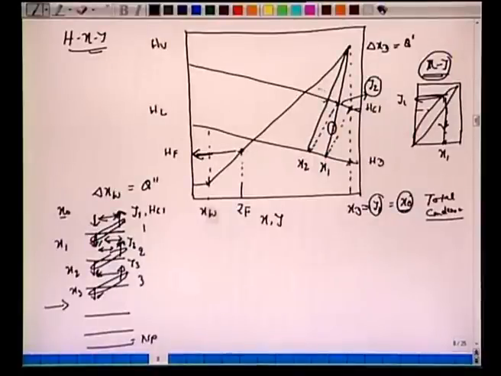to obtain this Y3. Alright, again try to understand that from our previous discussions, for any tray which we take, say in the rectifying section, liquid leaving and the vapor leaving are in equilibrium.